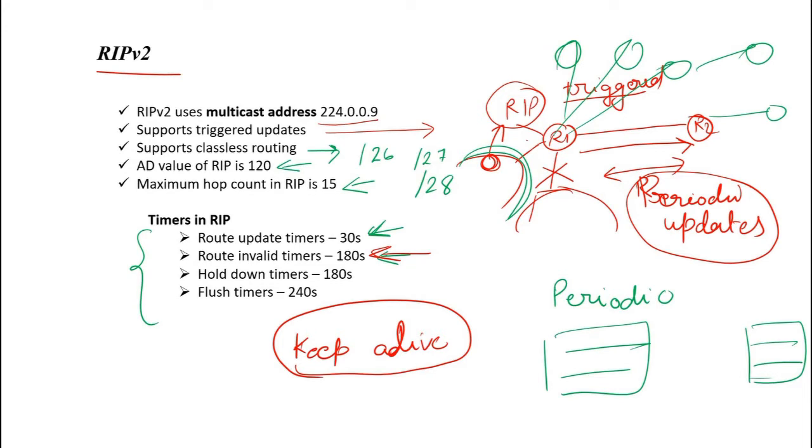So if for 180 seconds it does not receive any update, it declares an invalid route.